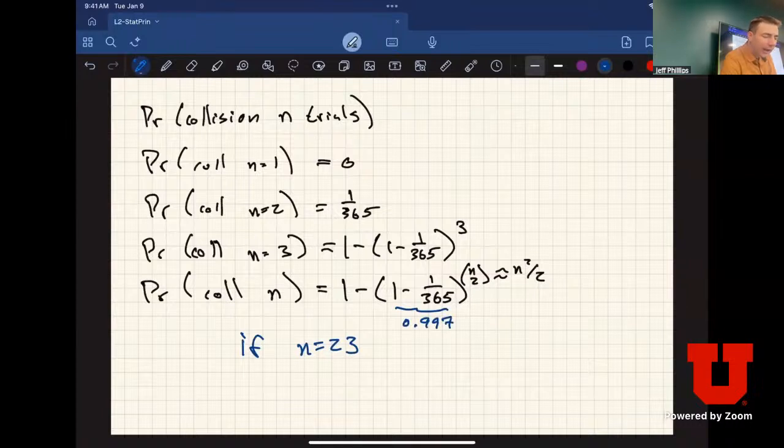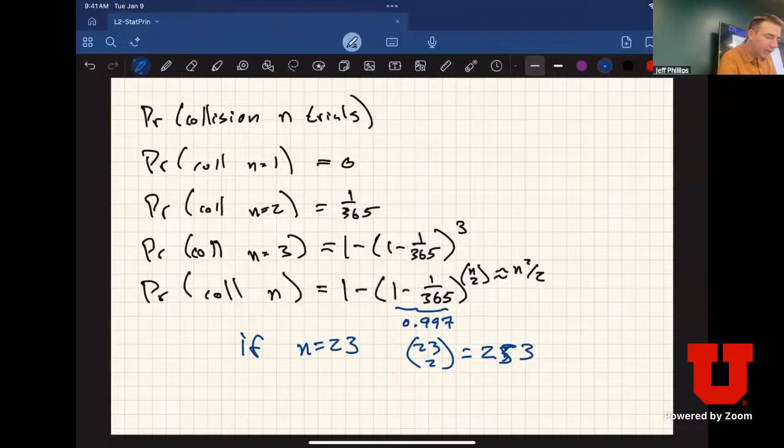0.997, and 23 choose 2 is going to be equal to 253.